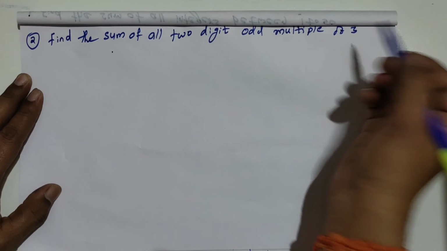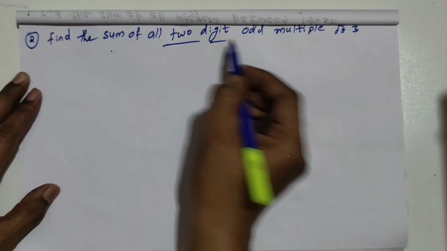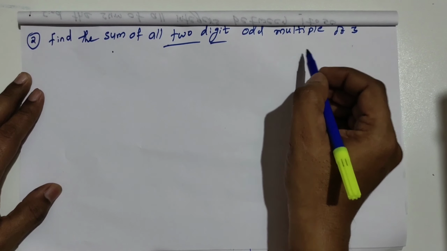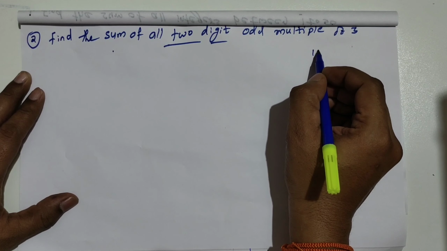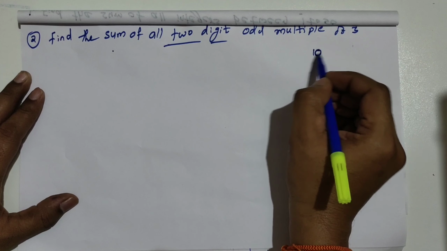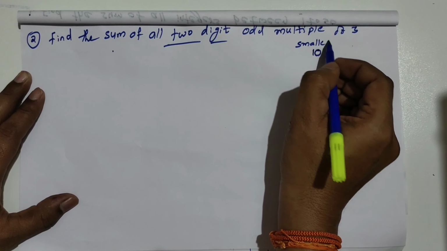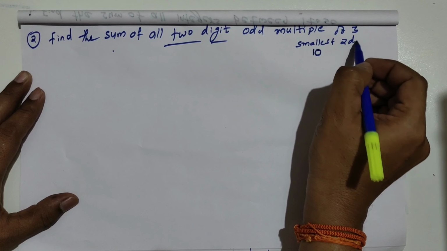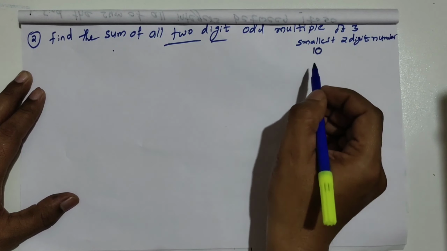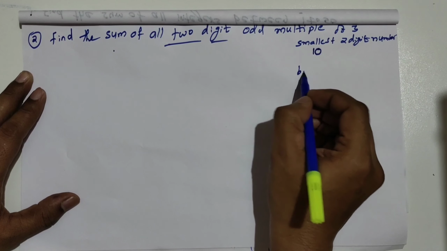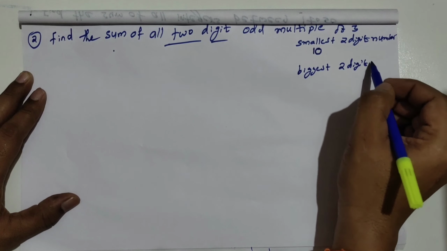So here we need to find the sum of all 2-digit numbers. First of all we have to write where the 2-digit numbers begin. The smallest 2-digit number is 10, as we know already, whereas the biggest 2-digit number is 99.